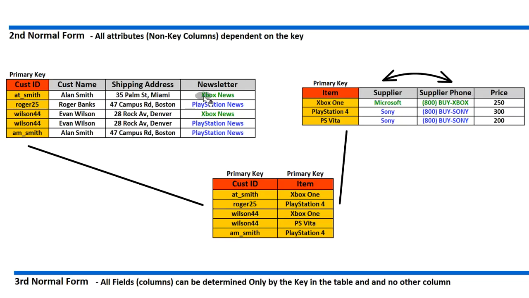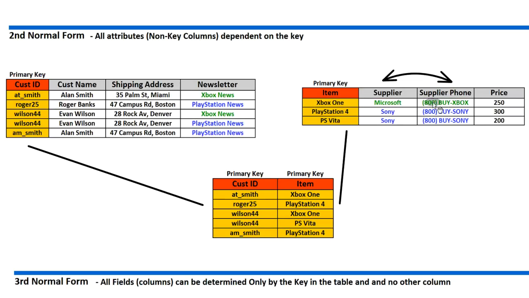Newsletter, well, that's definitely not going to happen because a person can sign up to multiple newsletters and multiple people can sign up to the same newsletter. So there's not going to be the same relationship as here. We can't just separate it out just yet.